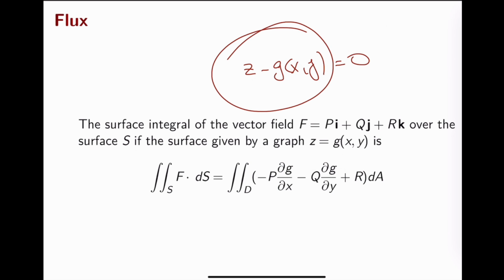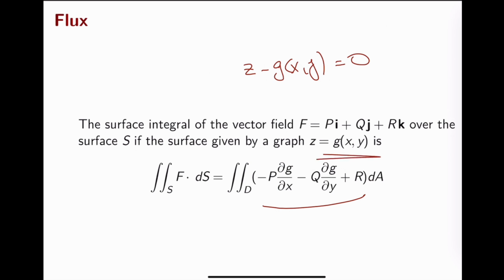Derivative with respect to y is going to be minus the derivative of g with respect to y. And derivative with respect to z is going to be just 1. And so multiplying that by the components of the vector field, I mean the dot product, we're going to get that the expression of the surface integral is actually like that when we have the surface given as a graph of a function like this.